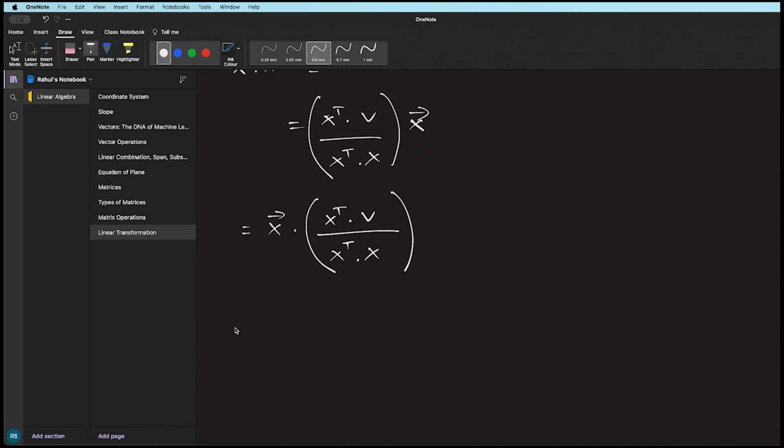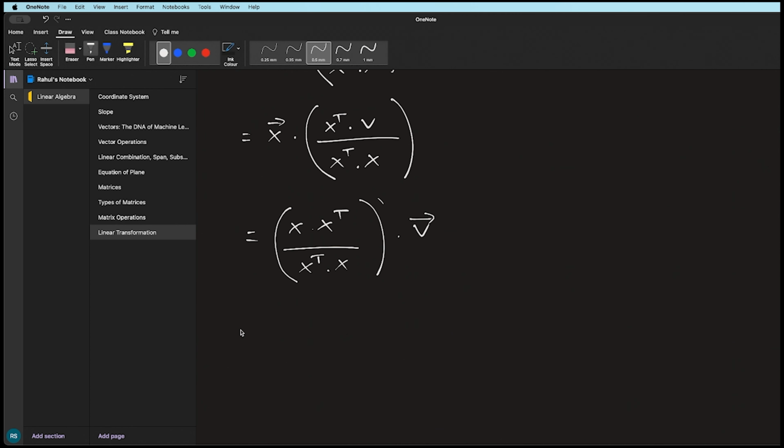As per the rule of scalar multiplication, I can write this as x dot x transpose upon x transpose dot x into vector v.